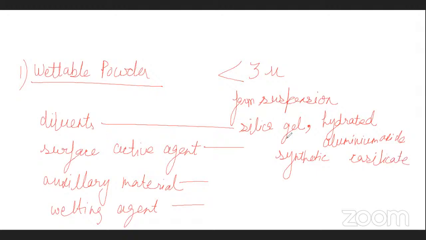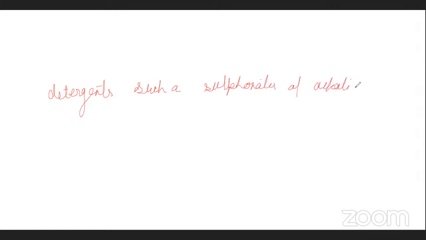All these are used as diluents. And the surface active agents examples are the detergents such as sulfonates of alkali metal. Okay, these are used as the surface active agent.